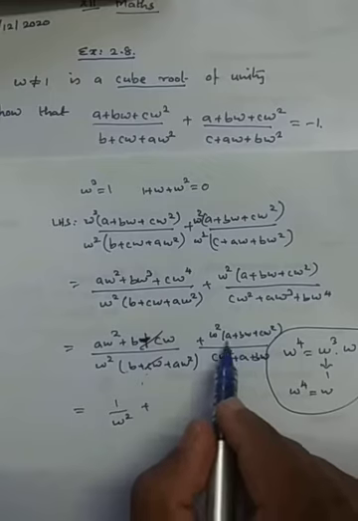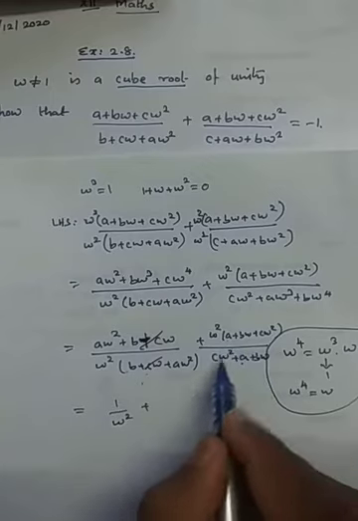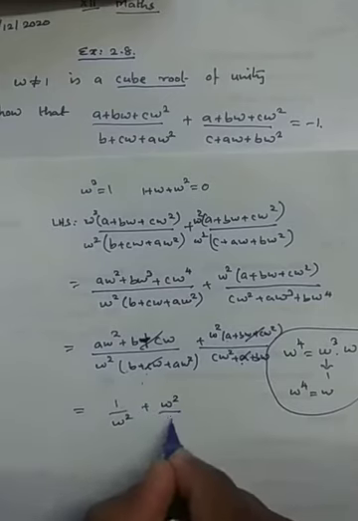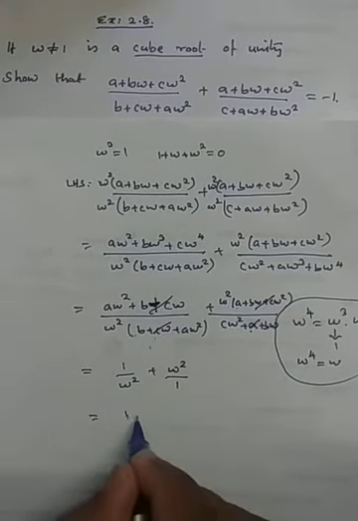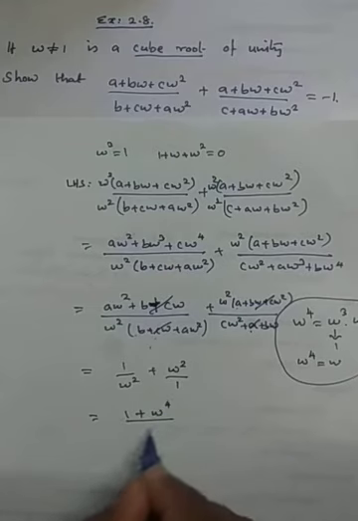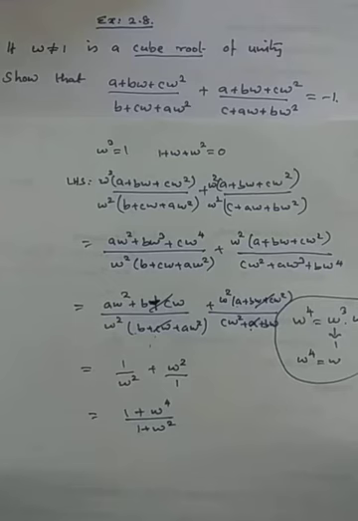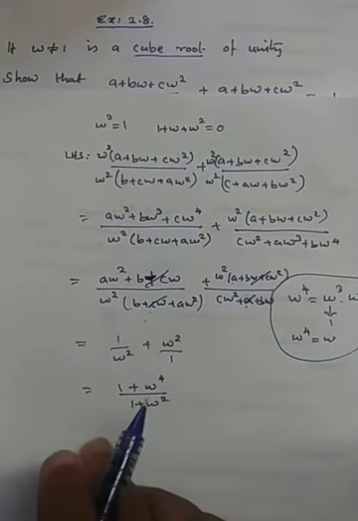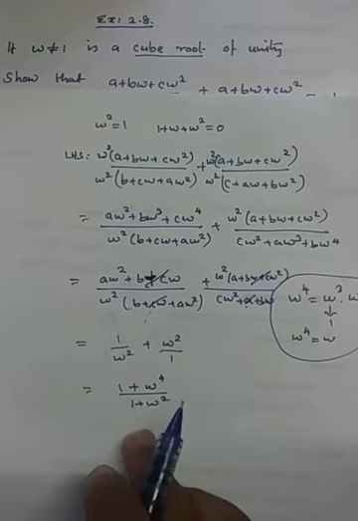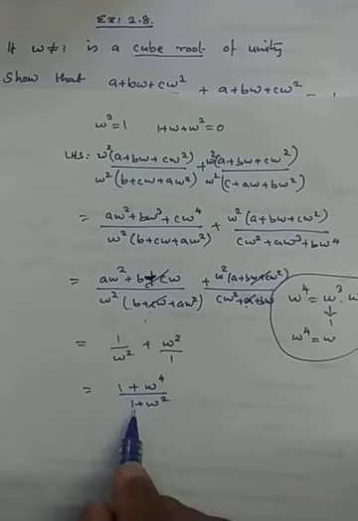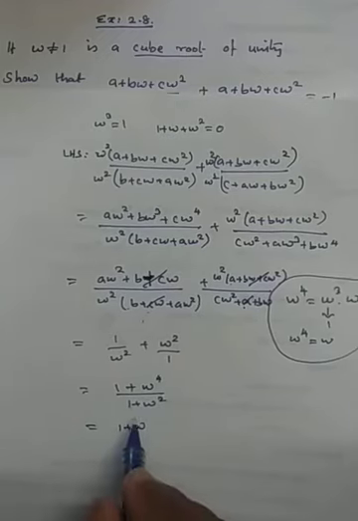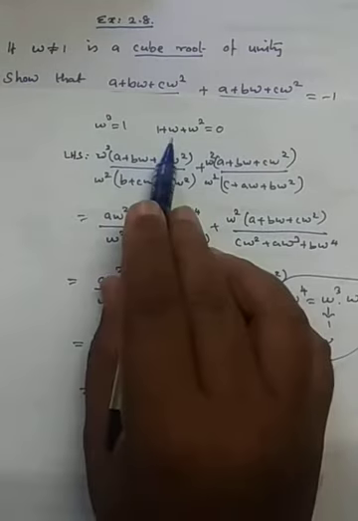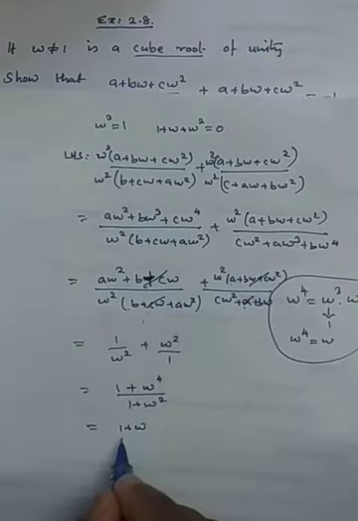Plus here you can see a, bω, cω² cancelled, so we have ω²/1. Now we have to cross multiply: 1 plus ω² into ω², that is ω⁴, divided by ω². Since ω⁴ is ω, this gives 1 + ω + ω², and with ω minus ω coming, you can write it here.